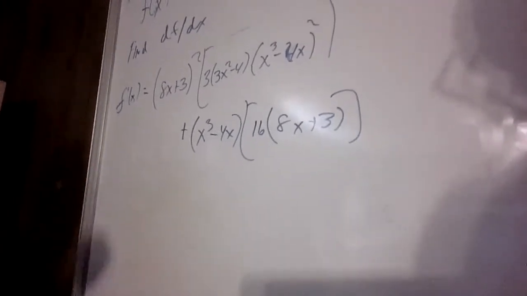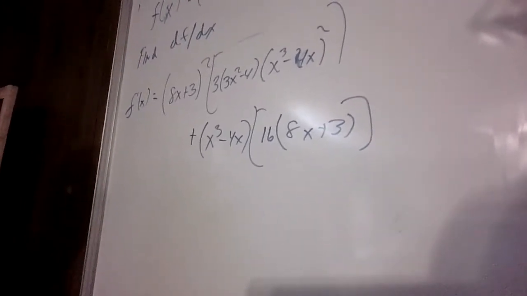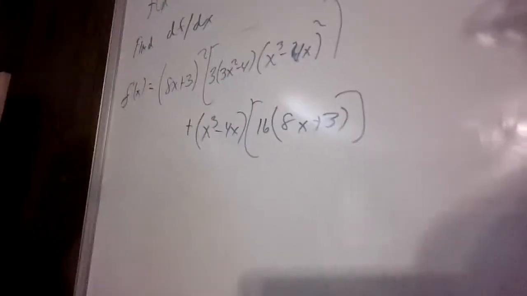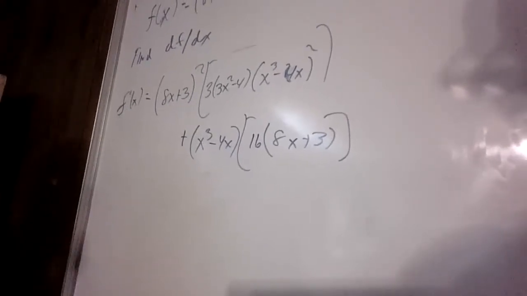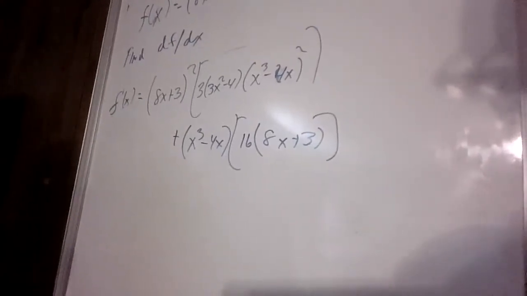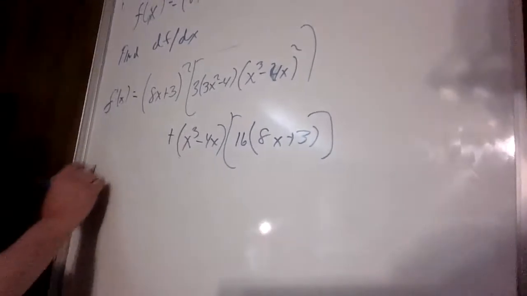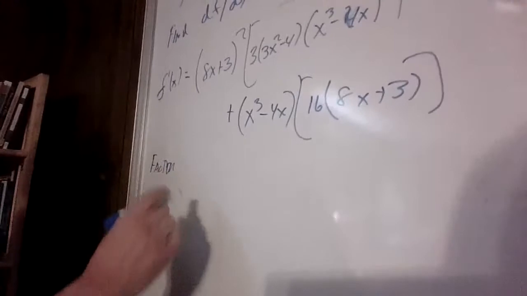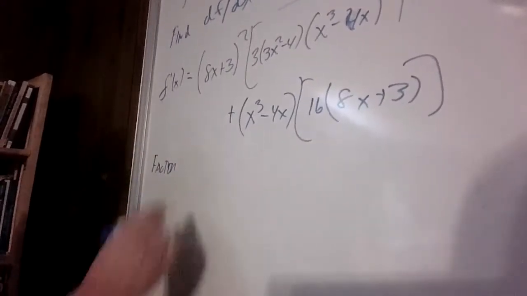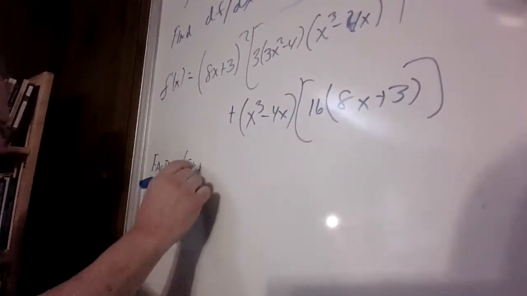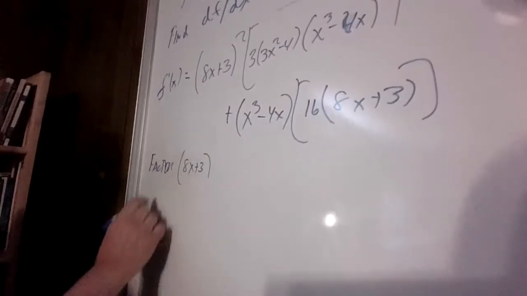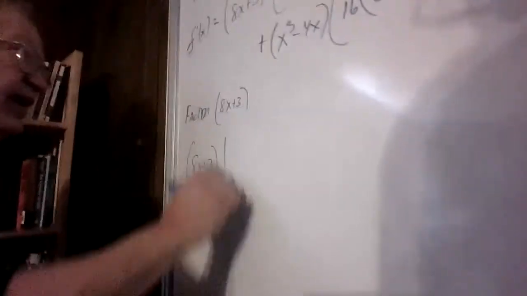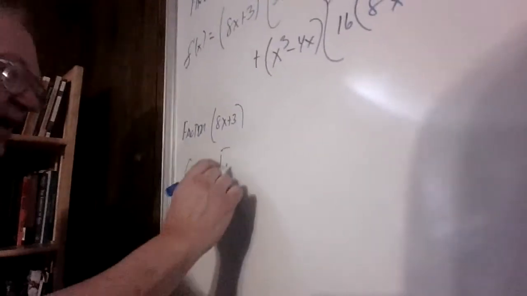Now let's see if there's anything I can factor out here. I can actually factor out 2 things to make this a little bit easier. First, I can factor out 8x plus 3. So let's put that out here. That's going to give me 8x plus 3.